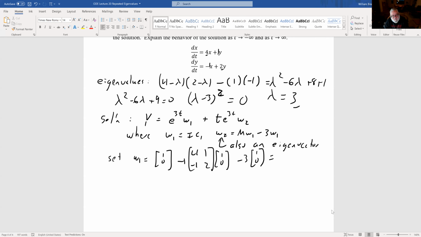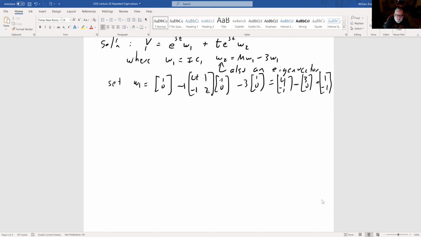This isn't true in general, that you can do this, but it is in this particular case. So we get 4 times 1 plus 0, minus 1 times 1 plus 2 times 0, minus 3, 0. So our eigenvector is 4 minus 3 is 1, minus 1 minus 1 is minus 1.